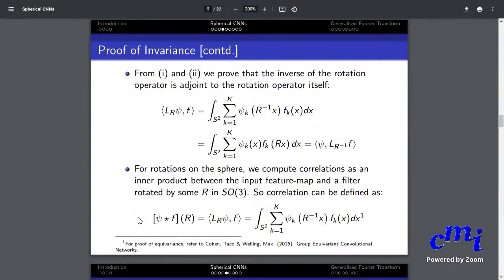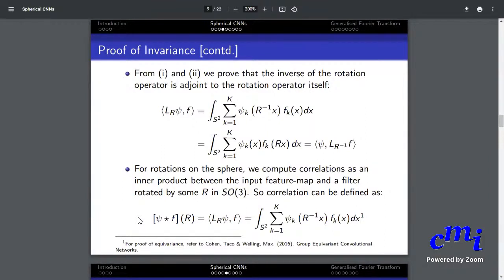Okay, so psi is a filter, and how are you correlating with F? So it is defined by its action on some R in SO3 as the product LR psi comma F. So LR.